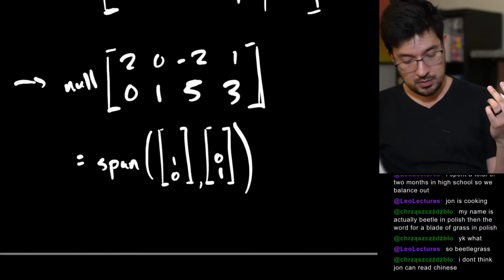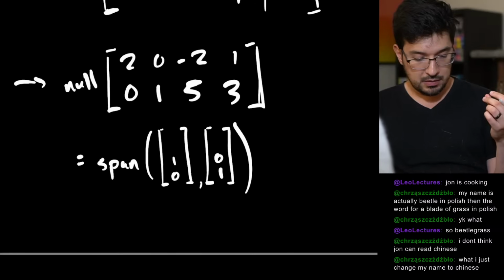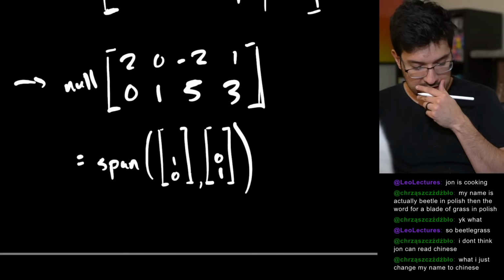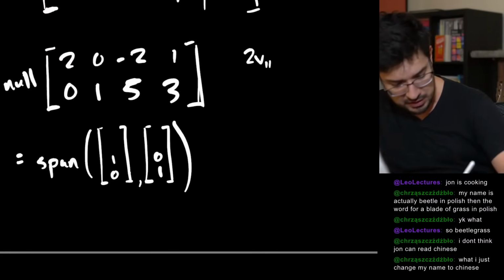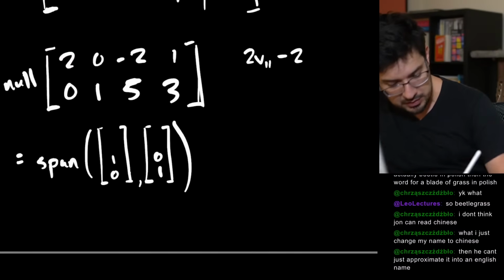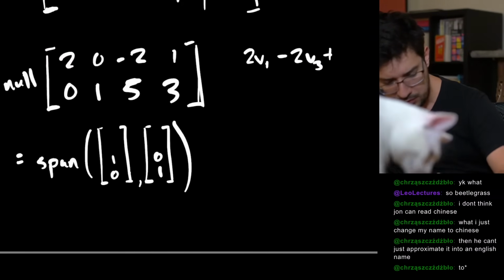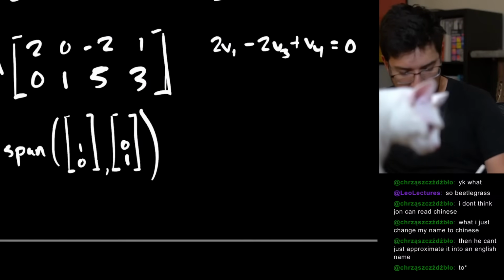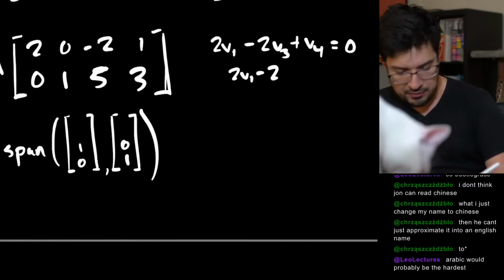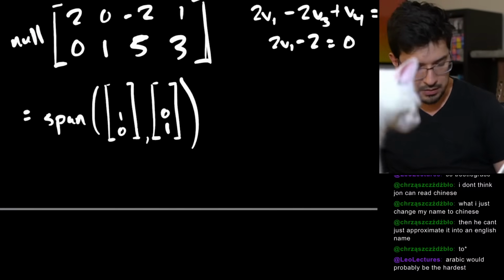So when the third variable is 1 and the other one is 0, this first line says 2v1 minus 2v3 plus v4 equals 0. Now I can get rid of this curse of v11. So if v3 is 1 and v4 is 0, then v1 is 1.